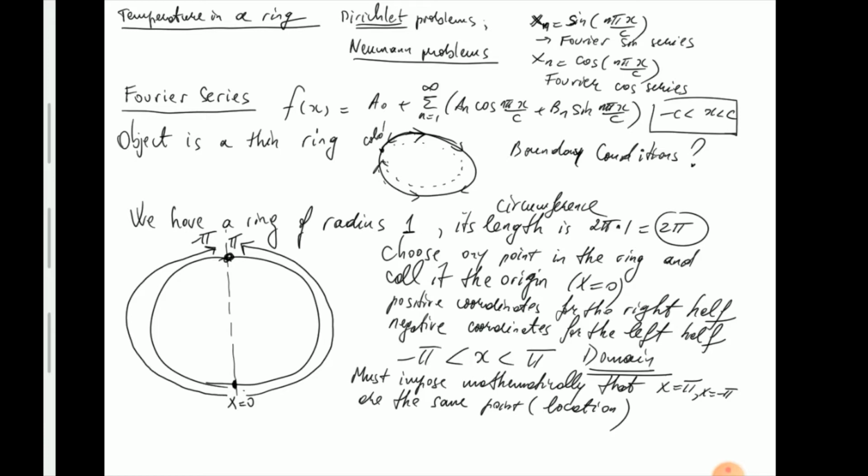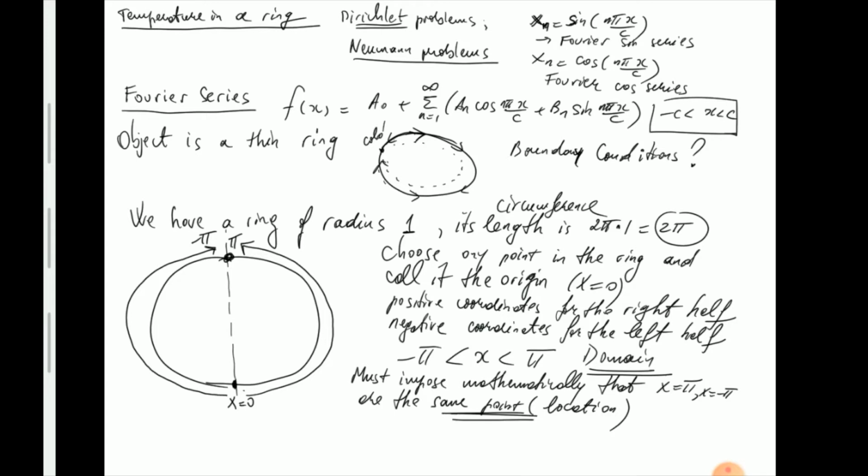So it's important to understand that sometimes the boundary conditions don't come from physical requirements, but from a requirement that follows from your choice of identifying the points of the object. So because they are the same point, you must have essentially 2 boundary conditions.